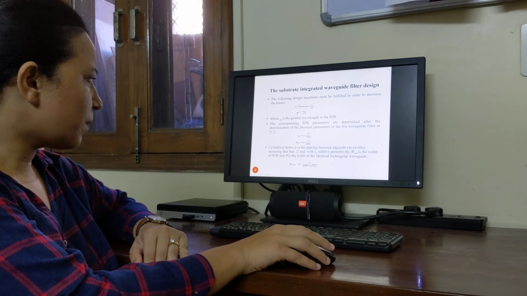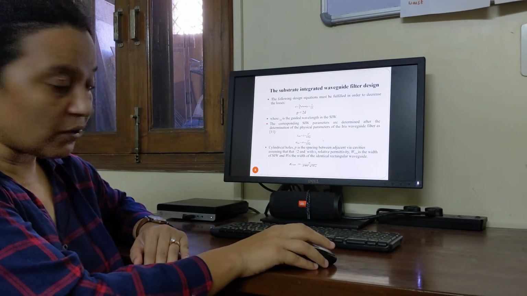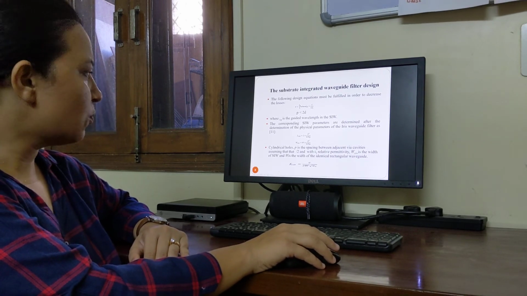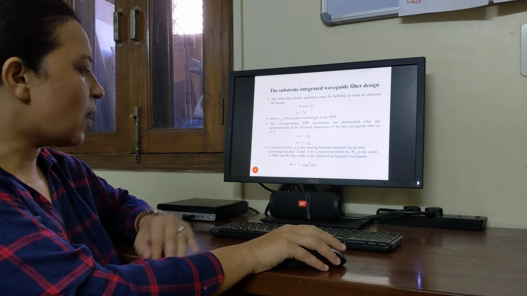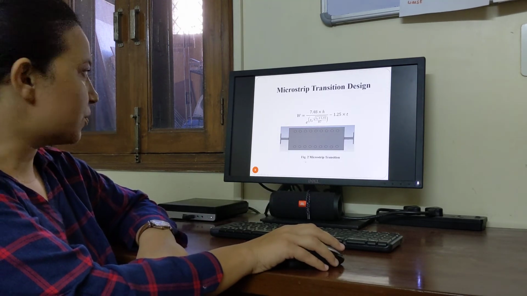WSIW is the width of SIW and W is the width of the identical rectangular waveguide. FC10, the cutoff frequency in TE10 mode, is c by 2W square root of epsilon r. Epsilon r is the relative permittivity of the substrate used.